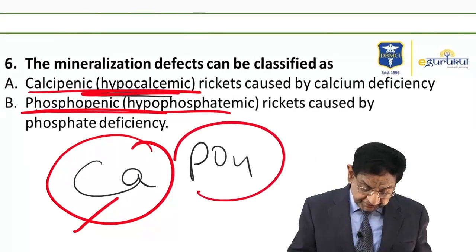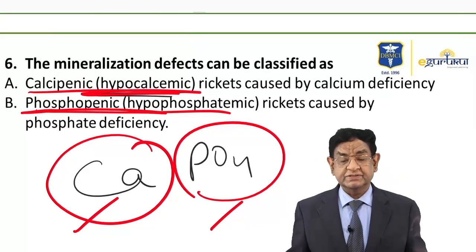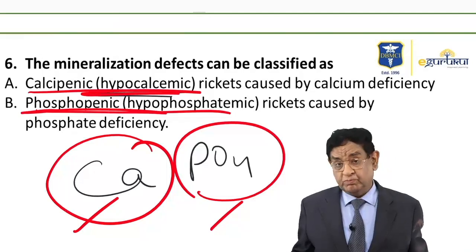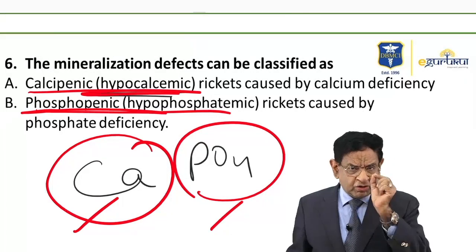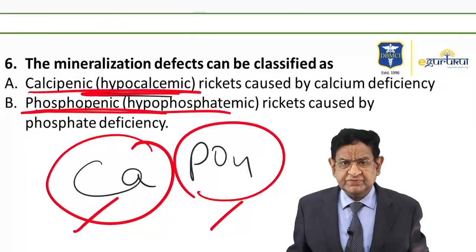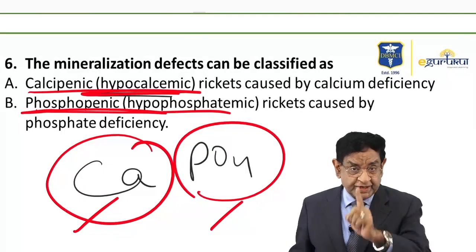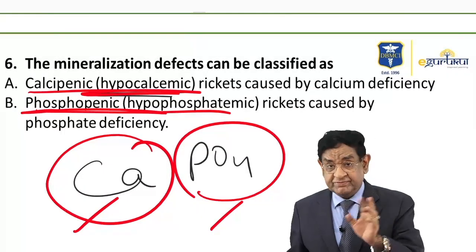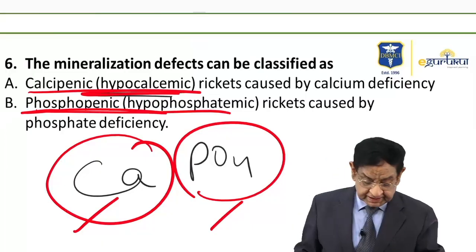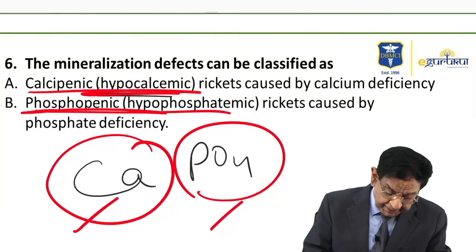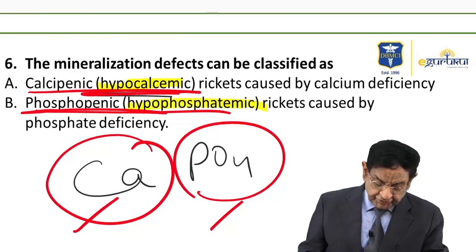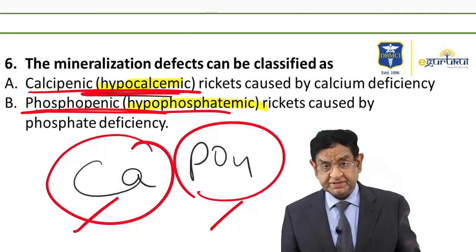If this is deficient, it can also lead to rickets. If both are deficient, a more severe type of problem will happen. Not only calcium deficiency can lead to problems, phosphate also, and it has a very relevant meaning which I am going to discuss later on. So as of now, remember, it can be hypocalcemic or hypophosphatemic rickets, right?